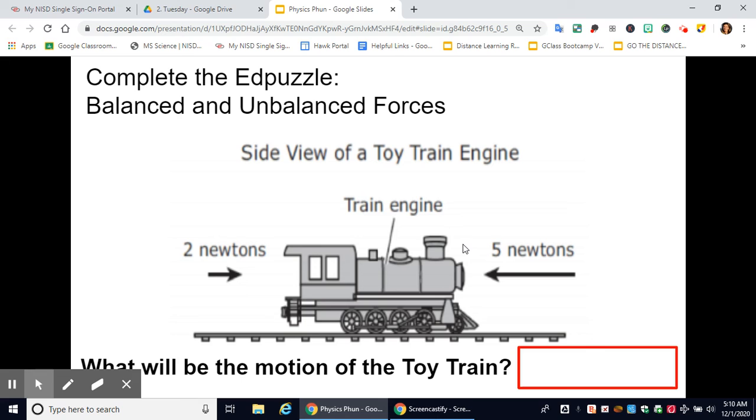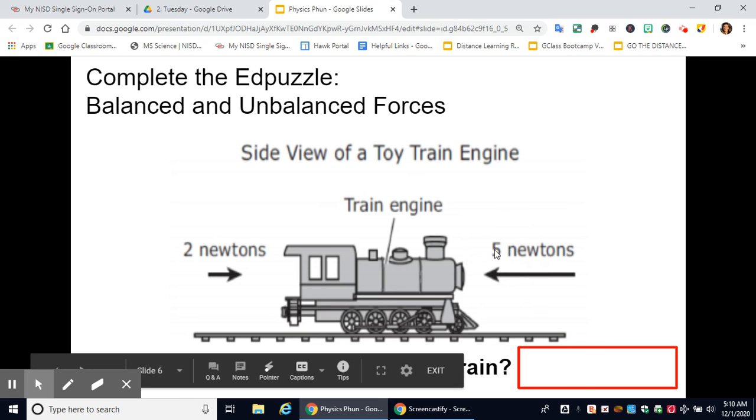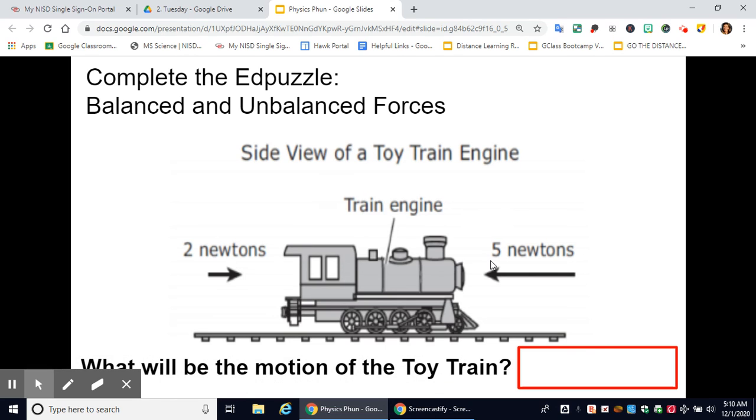So the net force acting on the train is 3 newtons, and the train is going to move in the direction of the greater force. 5 is greater than 2, so our train is going to move with 3 newtons of force to the left. Okay, and we could do this backwards. If we know our net force here is 3, we could figure out what forces are on our right and left.